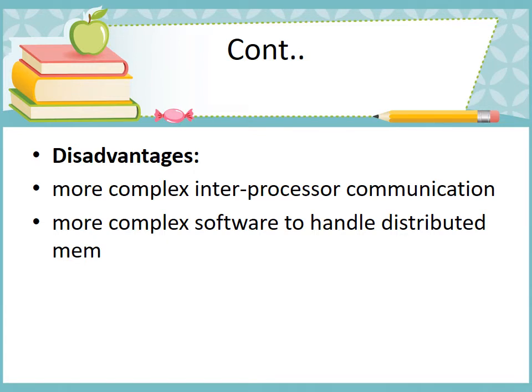Since every processor is individually connected, it is difficult to communicate among themselves. The second is more complex software to handle distributed memory. We need somewhat complicated software to handle the distributed memory system. That is another disadvantage of this system.